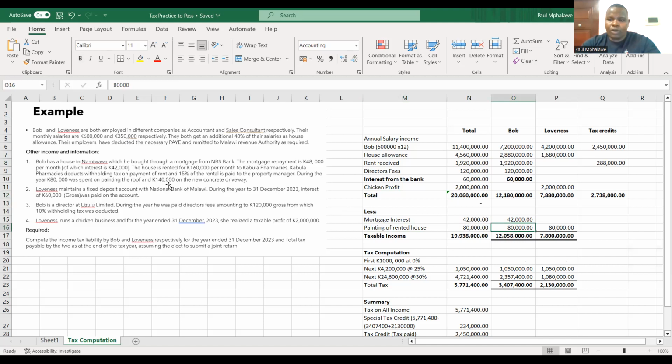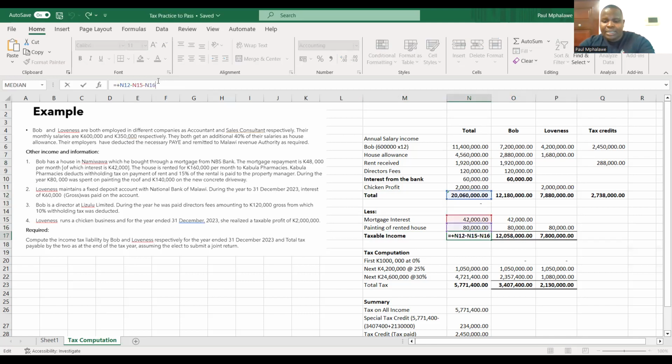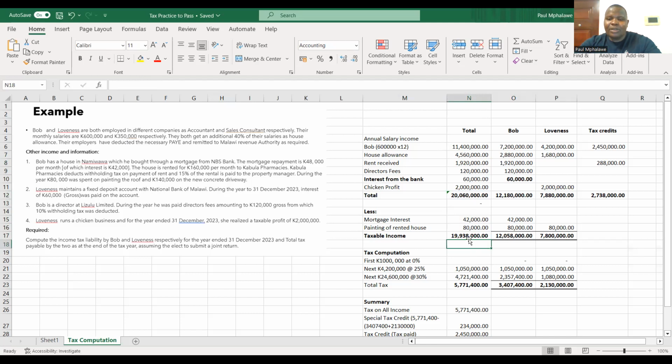We are not taking 140,000 because I am emphasizing that 140,000 is not an income expense. It's capital in nature, so it has to be capitalized to the cost of the house. So if we take total income minus the allowable deductions, the total becomes 19,938,000. We do the same for Bob. 12 million minus 42,000 minus 80,000 becomes 11,878,000. We are doing the same for the wife. What are we saying?